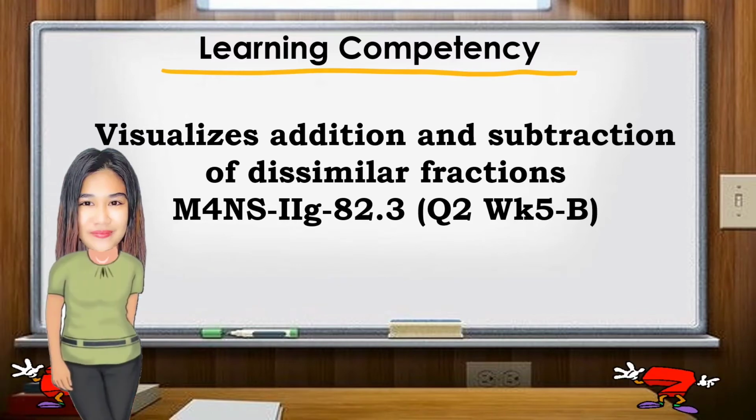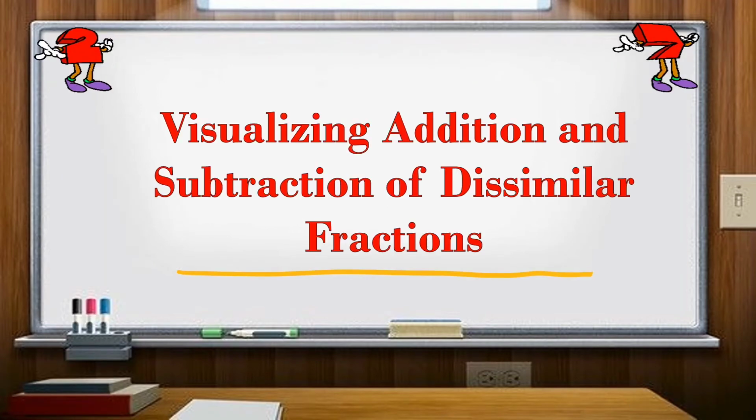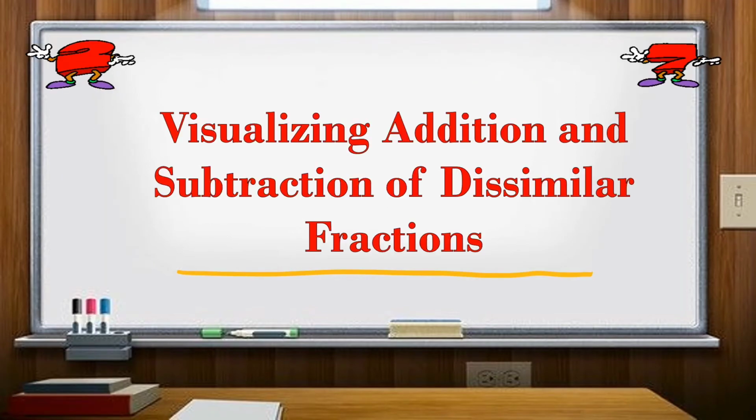Hi, this is Ma'am Karen, and this is the learning competency for this lesson. Visualizes addition and subtraction of dissimilar fractions. Our lesson is visualizing addition and subtraction of dissimilar fractions.